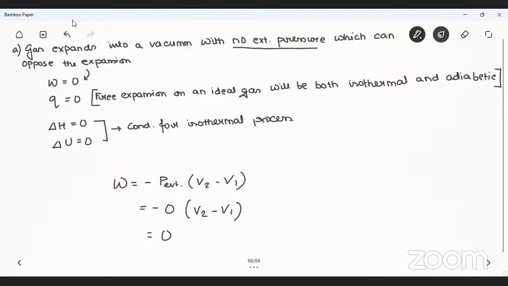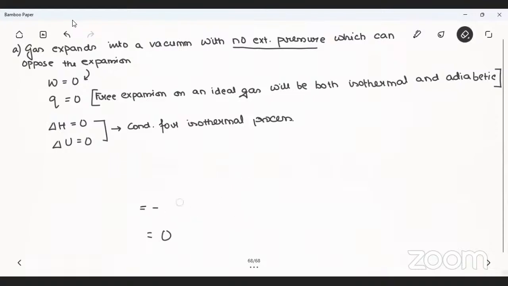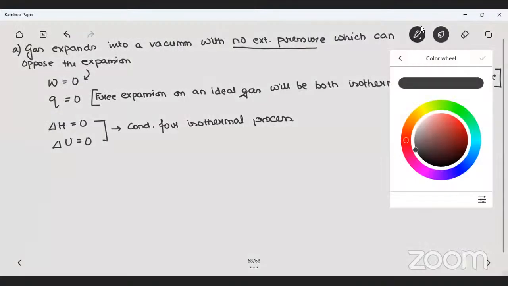Is this part clear, why work done has become 0 here? Yes or no? Yes, ma'am. Okay. So this is the work done becoming 0. Now, I told you that there is a condition. This is only the case for an ideal gas.